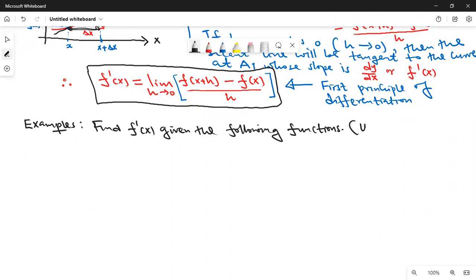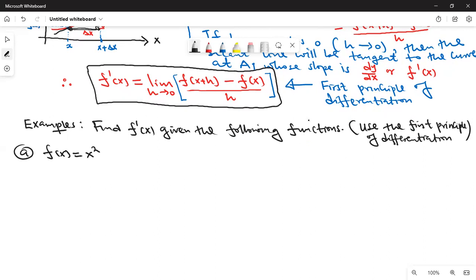You're asked to use the first principle of differentiation. In part A, the question is f of x is equal to x squared. How do we find f prime of x?